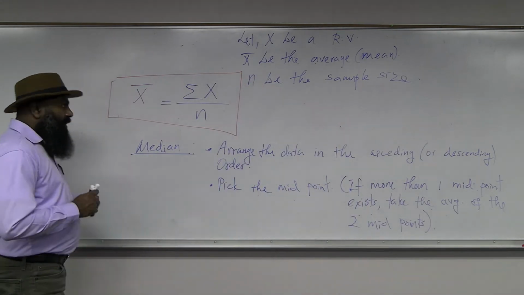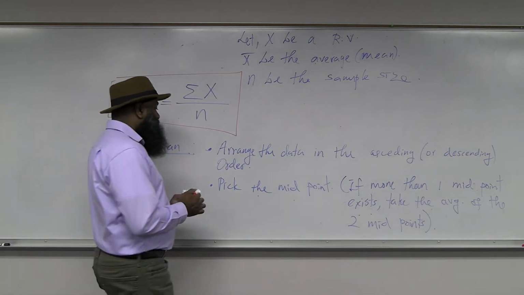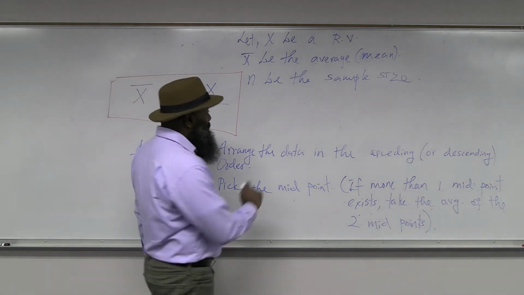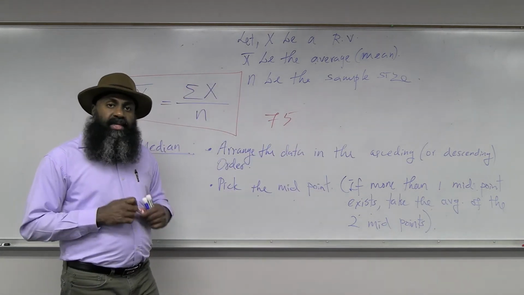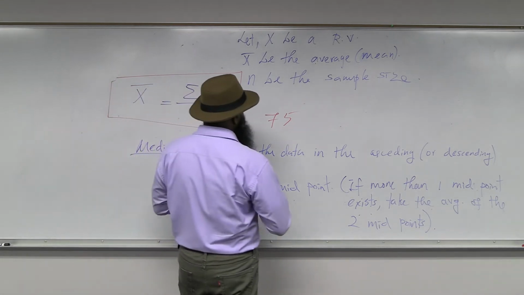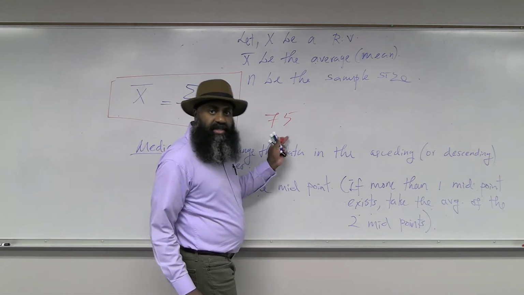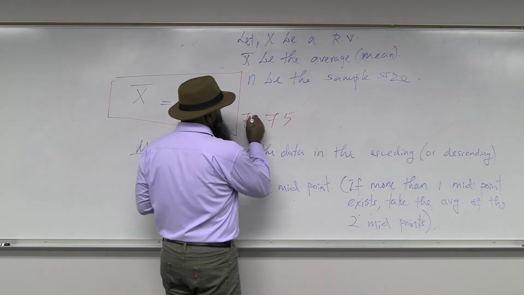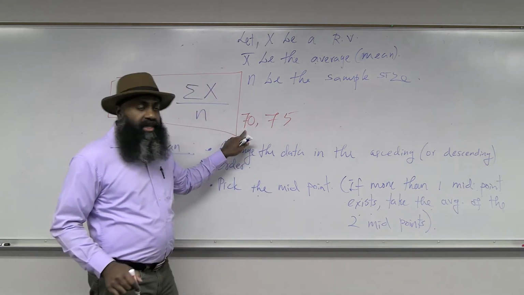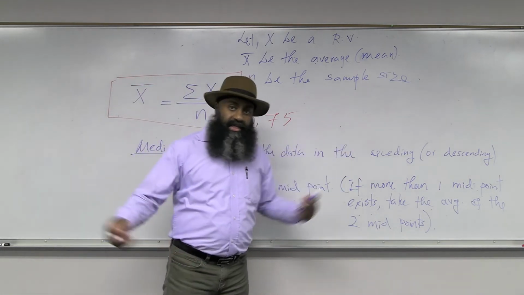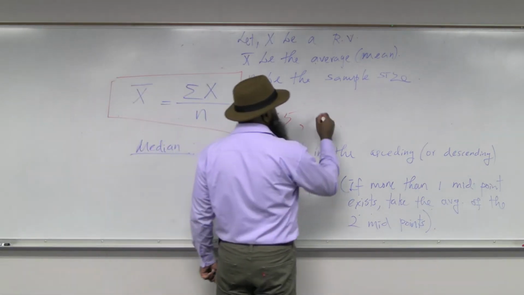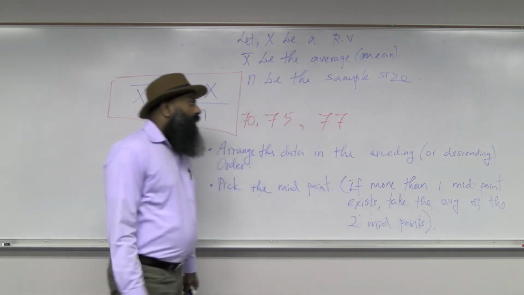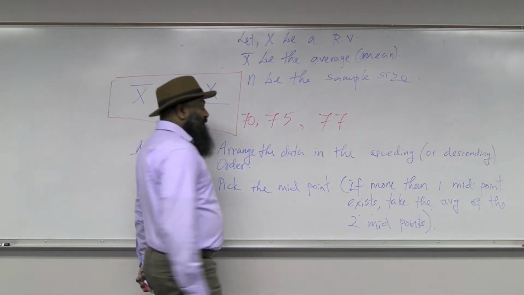Say for example, I went outside and found the temperature readings. The first reading was 75. The second reading was found to be 70. Well, the second reading is smaller than the first reading, so I will write it first here because I need to write them in ascending or descending order. I prefer the ascending order. Let's say the third reading was 77, and I got another reading.